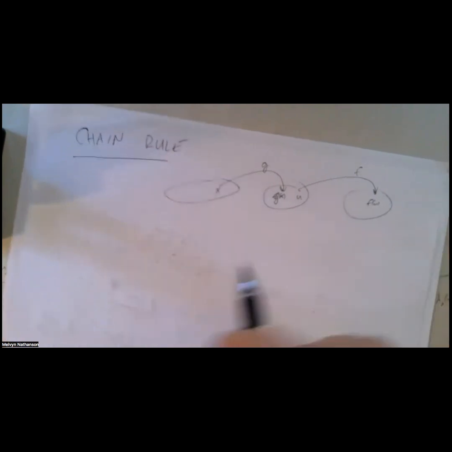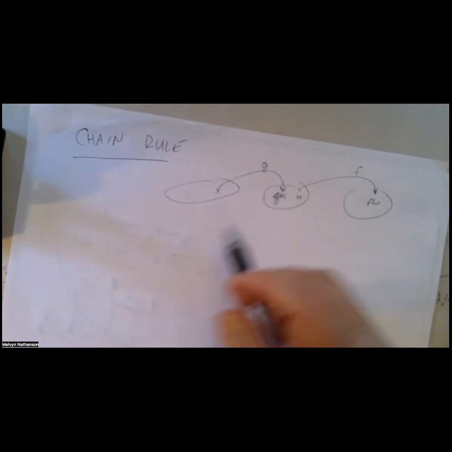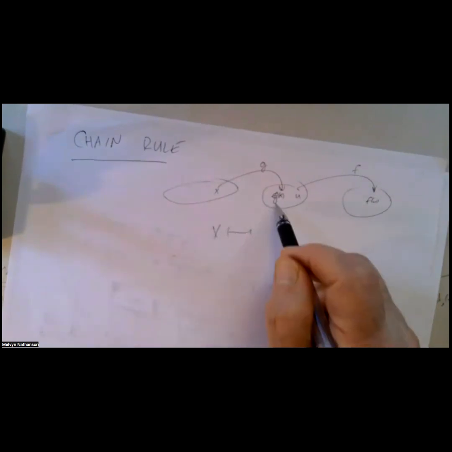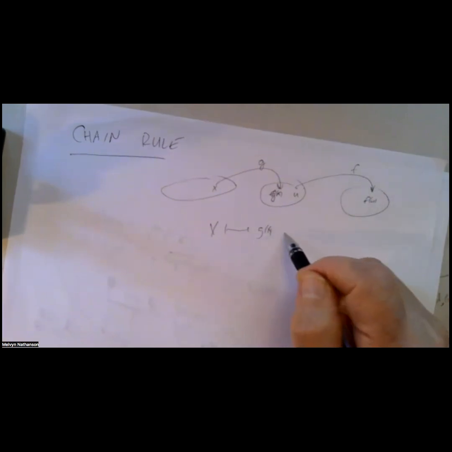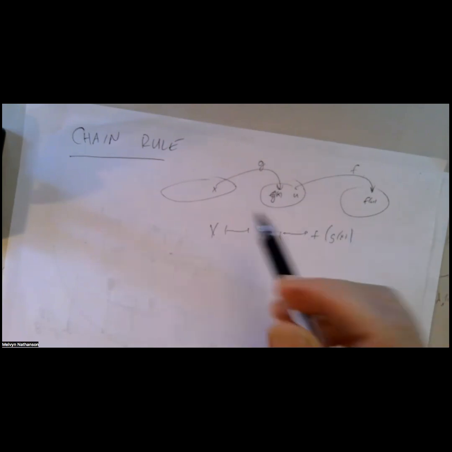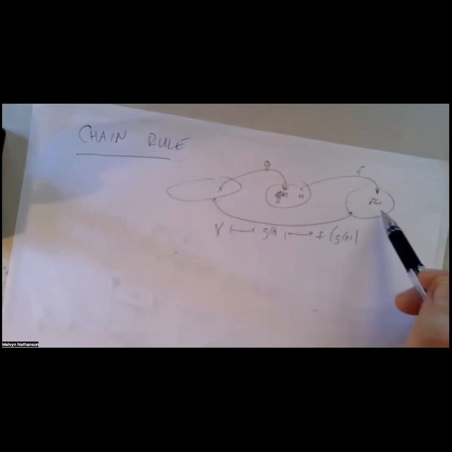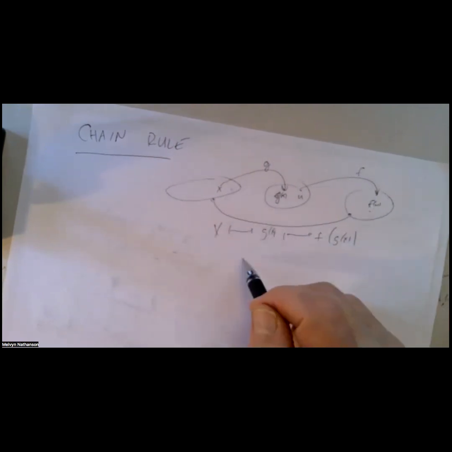Now, if you put these two together, you would have x goes to g of x, and then when you apply f to g of x, you get f of g of x. So that's one function from x from here over to here, and this is what is called a composite function.